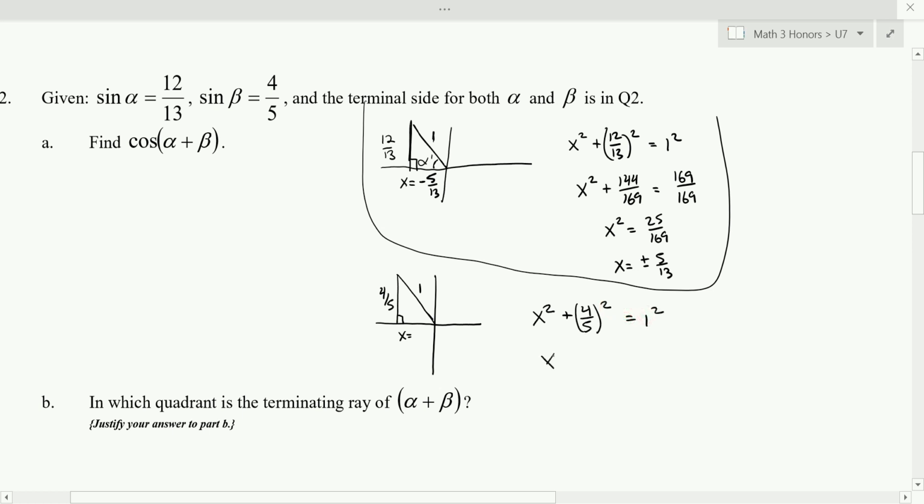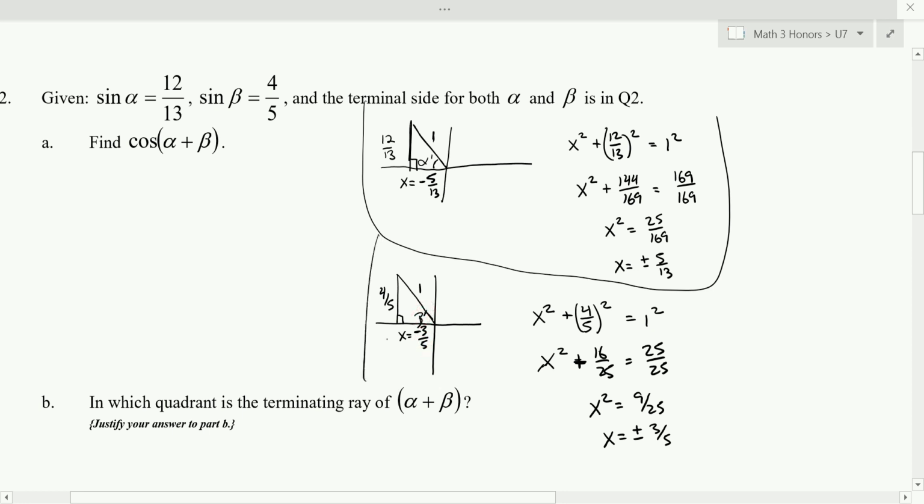We get x squared plus 16 over 25 is 25 over 25. So x squared is 9 over 25. And so x is going to be positive or negative 3 over 5. We've got to decide. And because we're in quadrant 2 again, we're going to say negative 3 over 5. This is for beta.